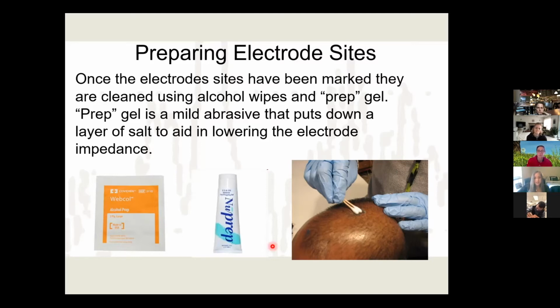Then you would take New Prep, which is just another conductive gel that really helps clean the scalp, and it helps that connection between the electrode and your skin. So you put a little New Prep gel on a Q-tip, you then clean the site, and then you take one more alcohol wipe and you clean the site once more.